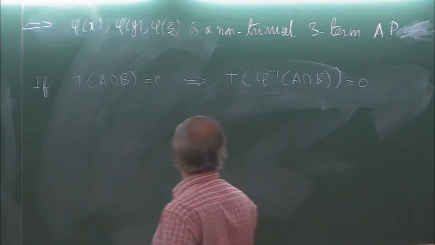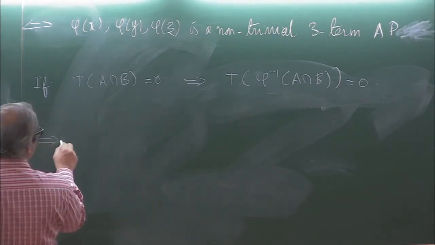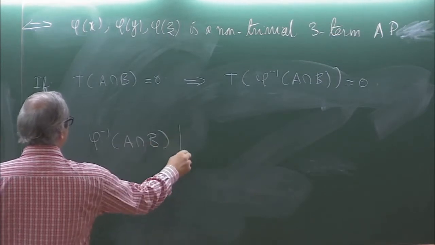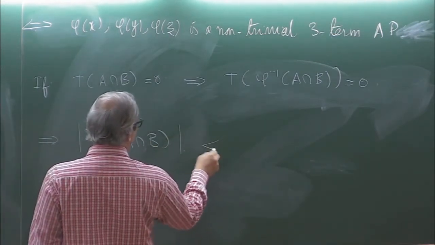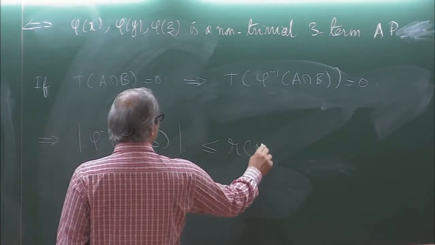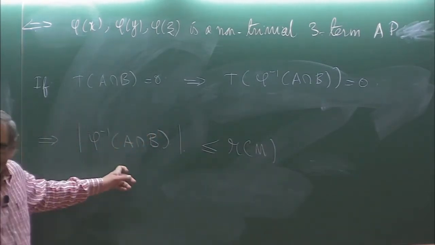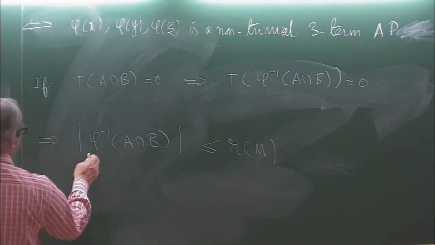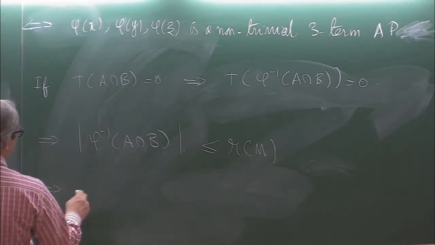This would imply that the cardinality of phi inverse of A intersection B, by definition of Rm, is less than or equal to R of m, because any subset of 1 to m which has more than Rm elements has a 3-term AP. That's the definition of Rm. So this cardinality is less, but phi is a bijection, so it preserves cardinalities.